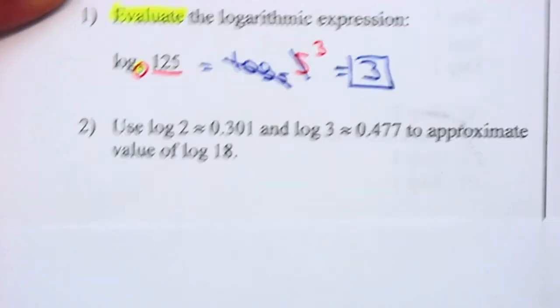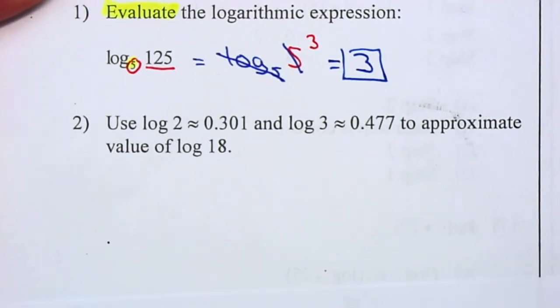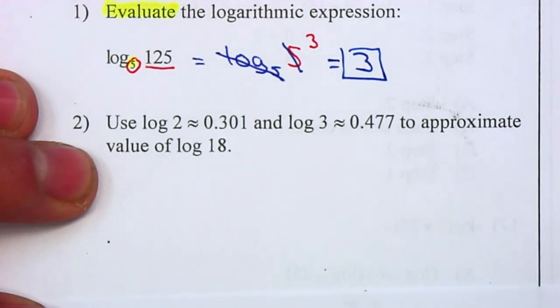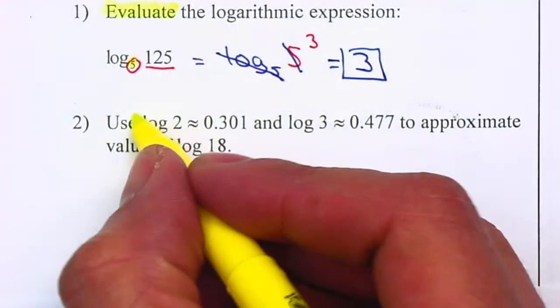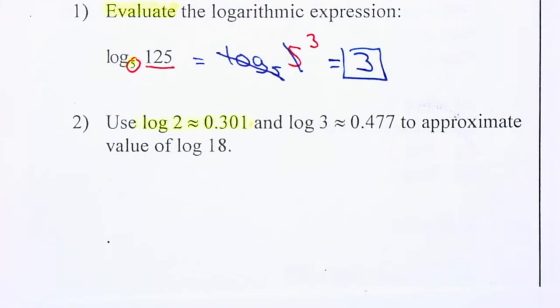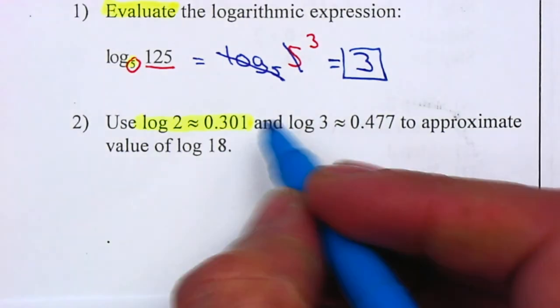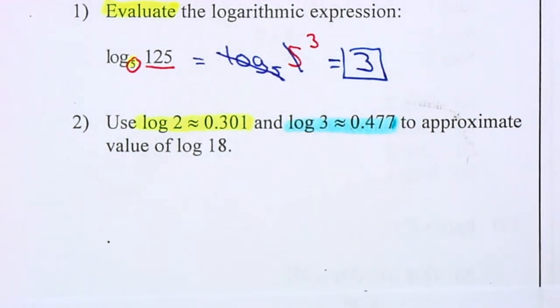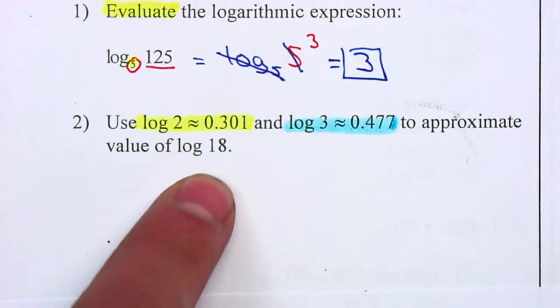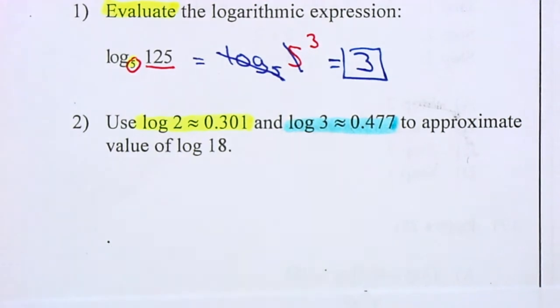On problem number 2, it says to use the log of 2, which is approximately 0.301, and they also give you the log of 3 is 0.477. We need to be able to approximate the log of 18.